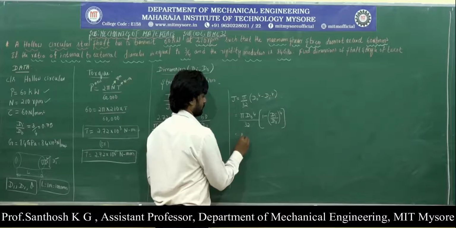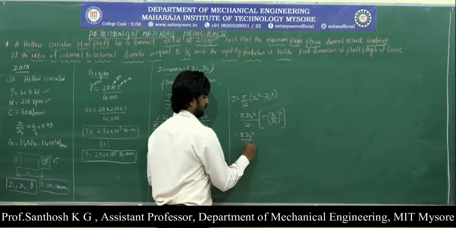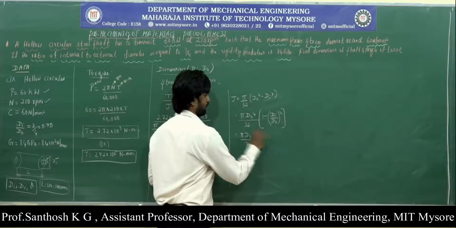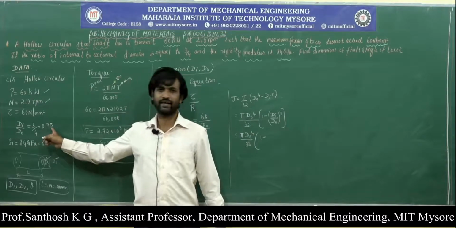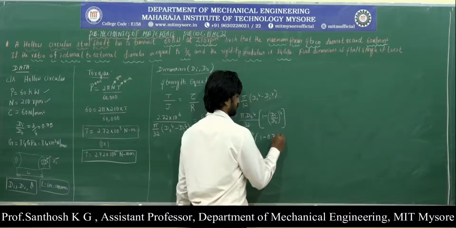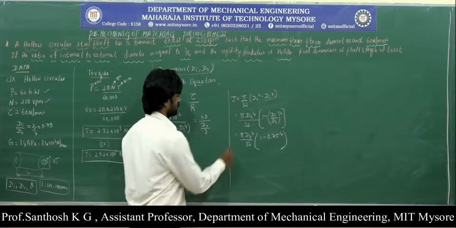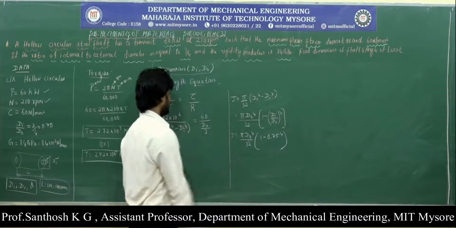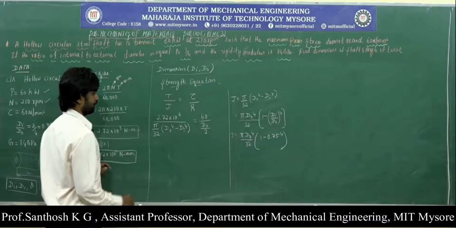This equals pi d naught to the power of 4 divided by 32, 1 minus, in place of di by d naught I can write 0.75, to the power of 4. So this is the value of J for the hollow circular shaft.